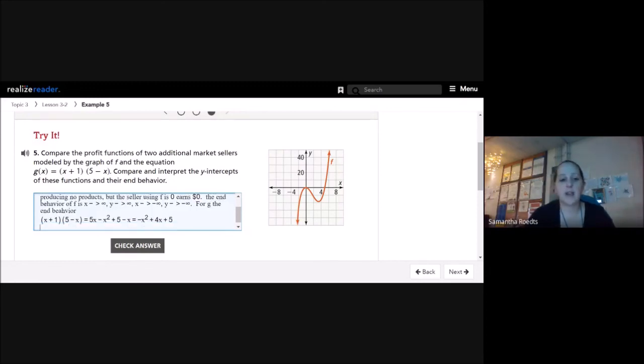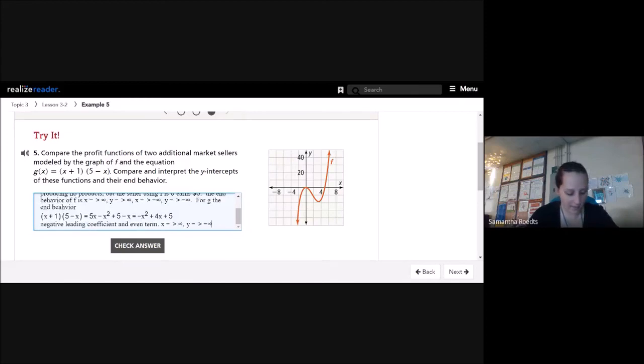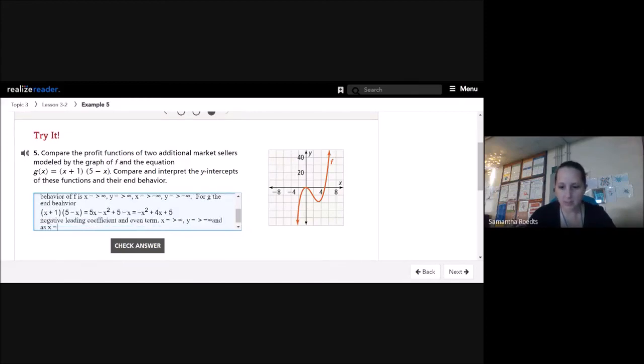So looking at this, I have a negative leading coefficient and an even degree. So the end behavior is going to be as x approaches infinity, y approaches negative infinity, and as x approaches negative infinity, y will also approach negative infinity.